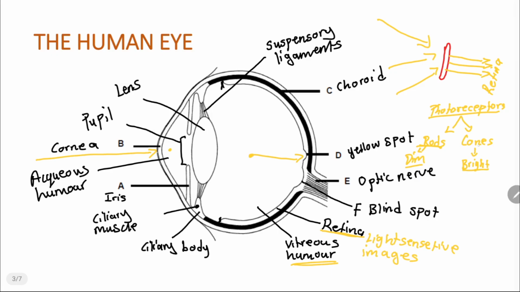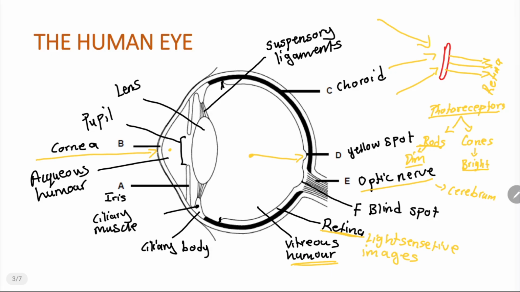Because these are receptors, their sole function is to convert the stimulus into a nerve impulse, right? What happens to the nerve impulse once it has been produced? It is transmitted by the optic nerve from the photoreceptors to a specific part of the brain that we call the cerebrum.